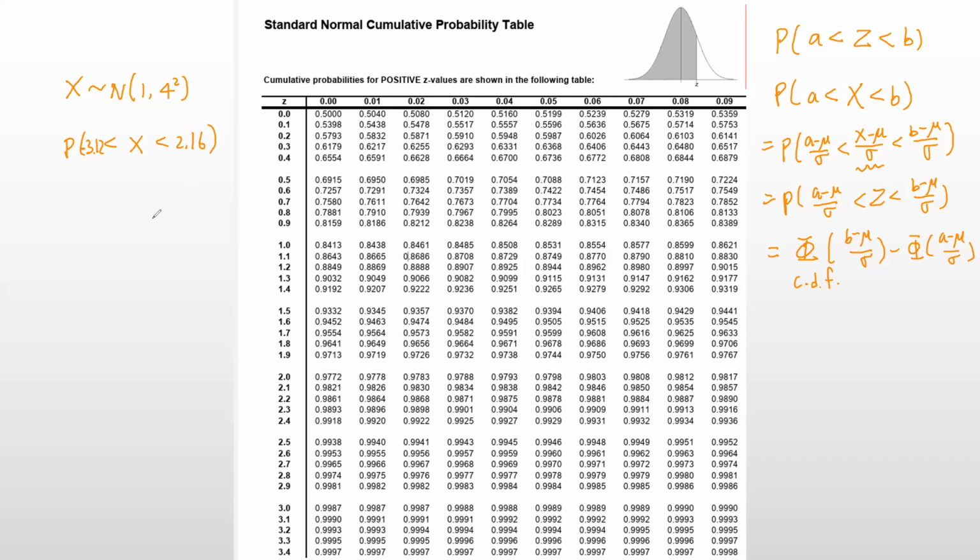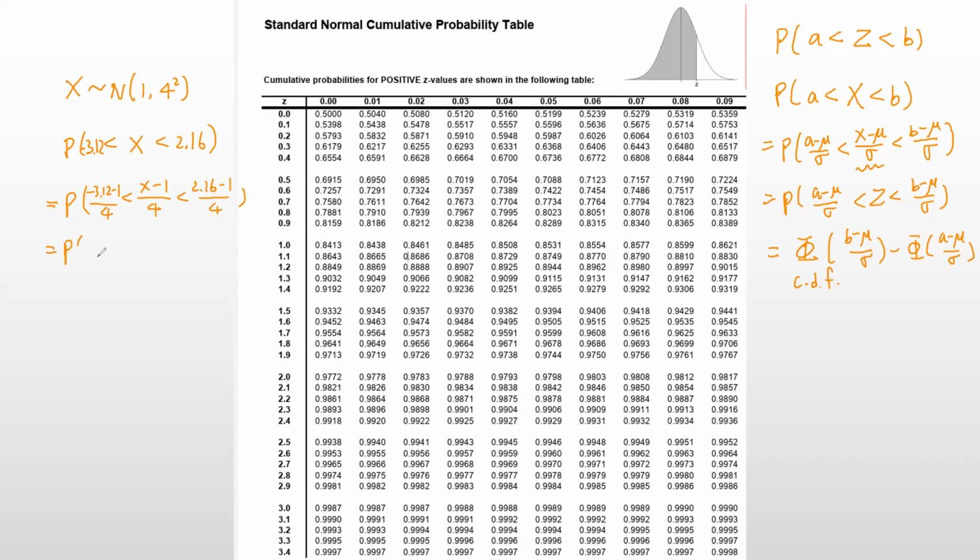So what we do is standardize X. You have X minus mu divided by the standard deviation 4. So you have negative 3.12 minus 1 over 4 less than 2.16 minus 1 over 4.